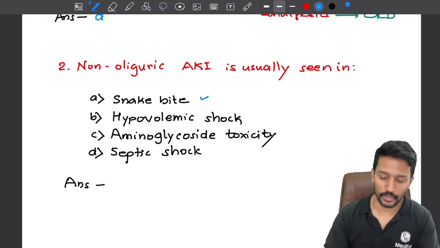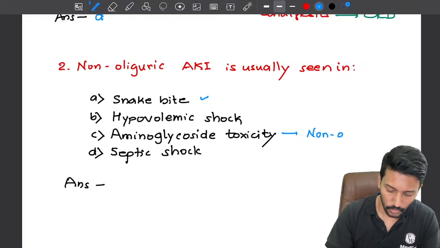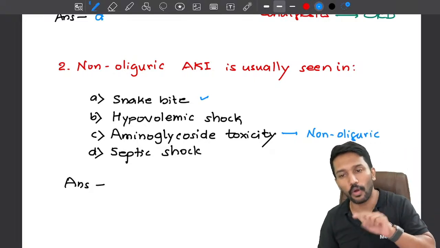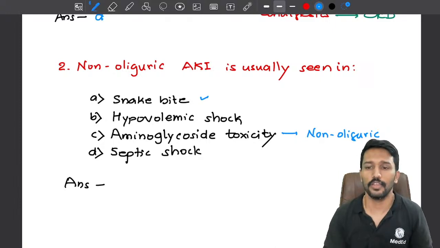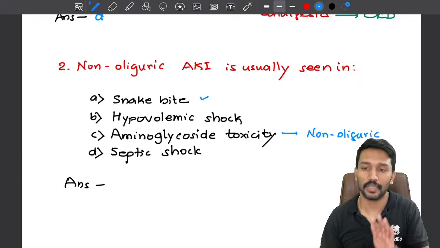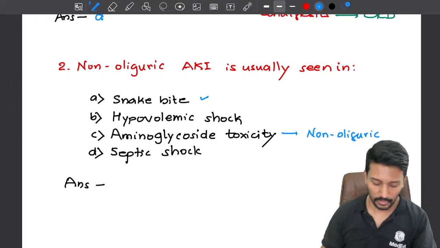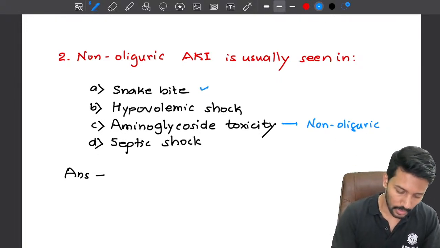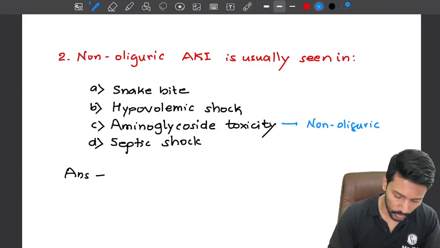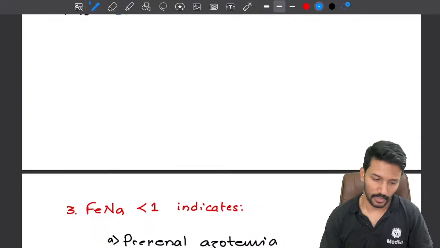But aminoglycoside toxicity causes non-oliguric AKI. It causes tubular injury not by blocking the tubules but rather by destroying the tubular epithelial cells. So reabsorption will get affected. So sometimes in aminoglycoside toxicity you can even have polyuria with high creatinine, right? All the other cases are of the oliguric type. So option C would be the answer for this question, right?